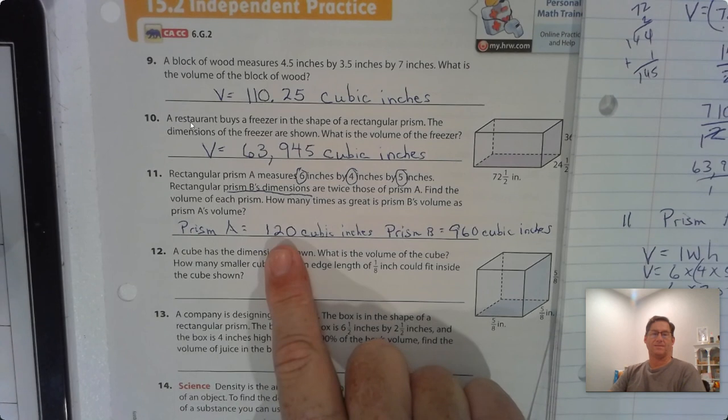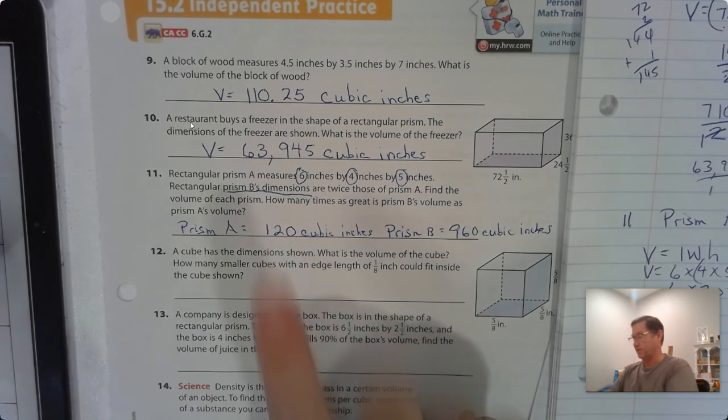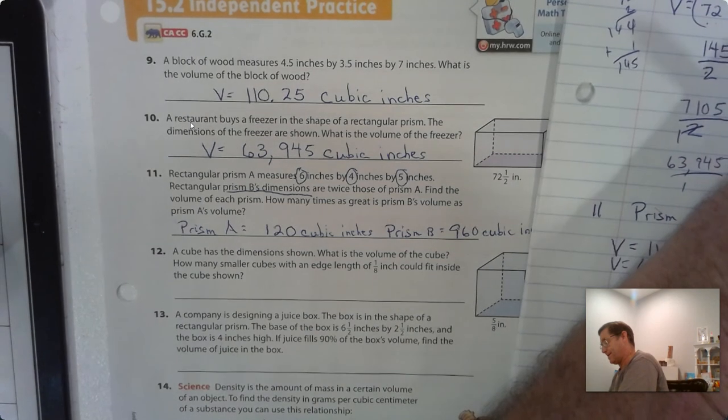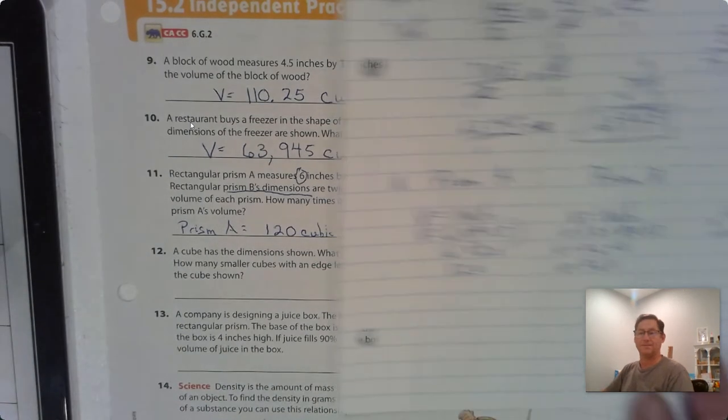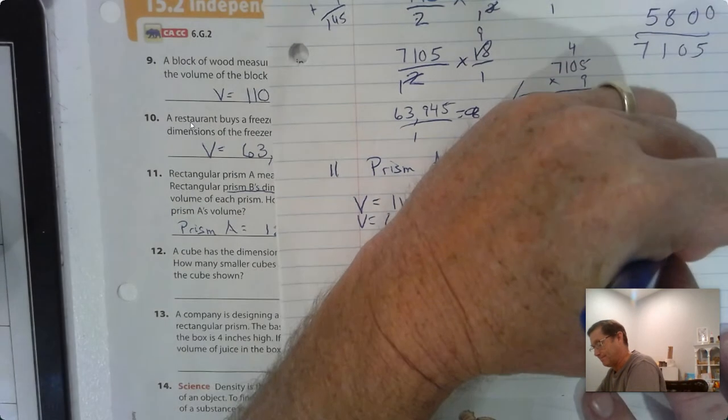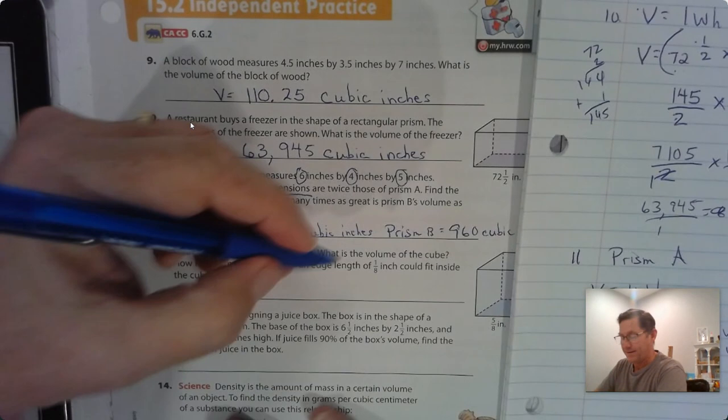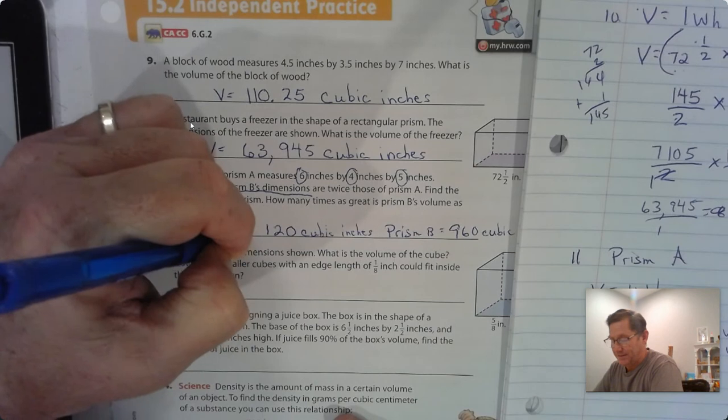So how many times greater is prism B than prism A? Well, I know 8 times 100 is 800, right? So let's try 8 times 120 to see if we get 960. Yes, we do. So prism B is 8 times as great.